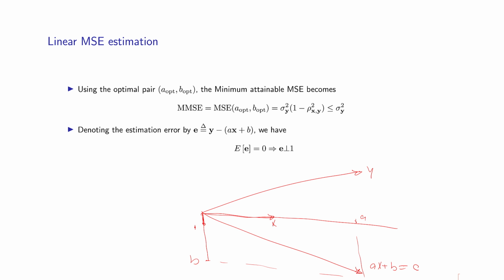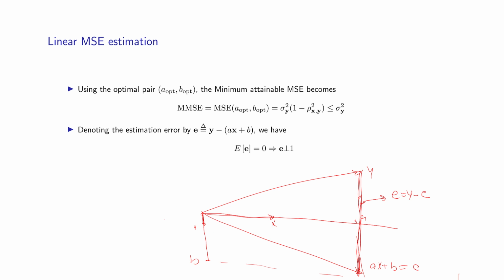And this estimator is optimal when the estimation error, which is equal to y minus c, has its length minimized. This length is minimized if the error is perpendicular to this 2D plane.